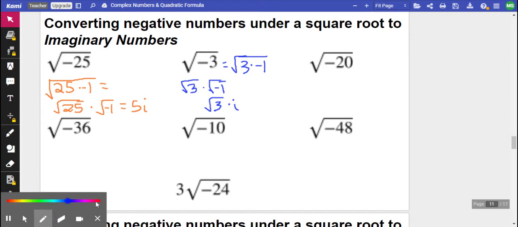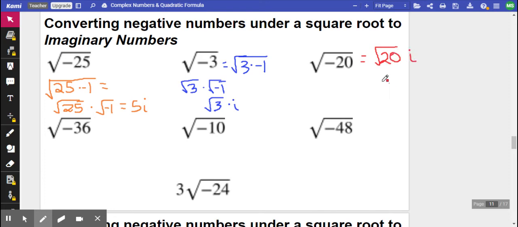And then lastly, we have the square root of -20, where we could think about what we just did with the square root of -3 and make it into the square root of 20 being multiplied by i. But we can't stop there. We have to simplify the square root of 20 like we've done with square roots in the past. So we could do our tree method here. So 5 and 4 would make 20, and then 2 times 2 would make 4.